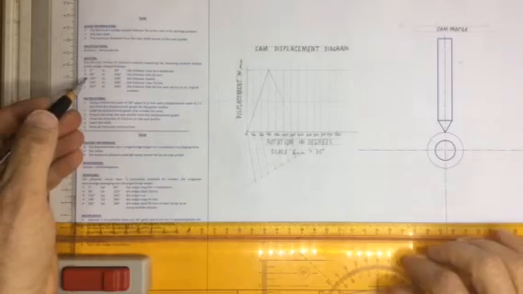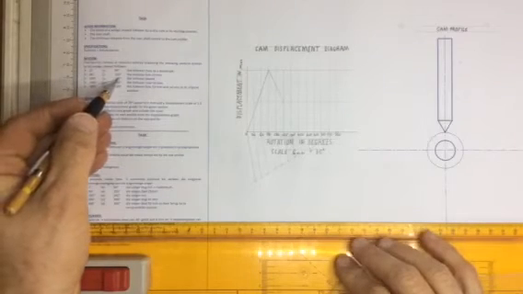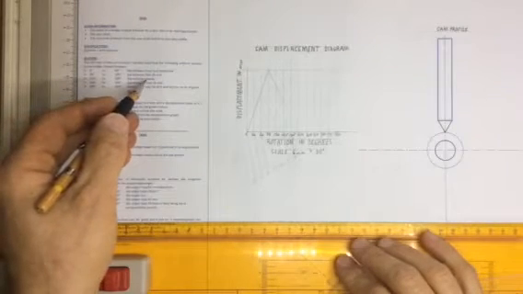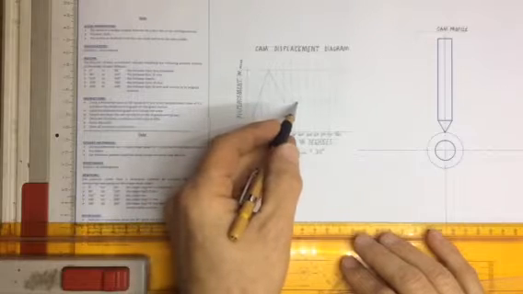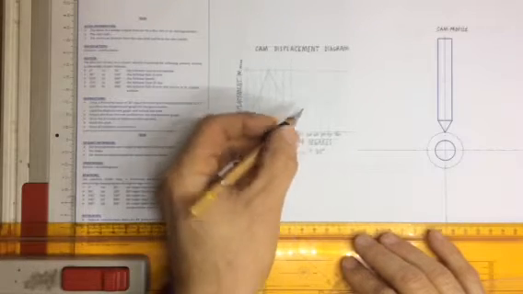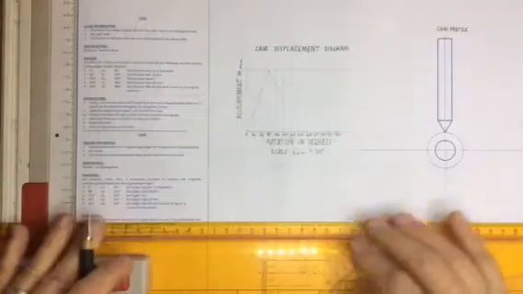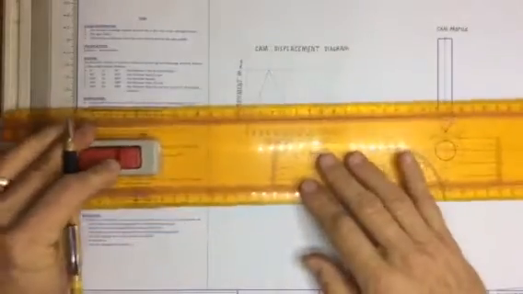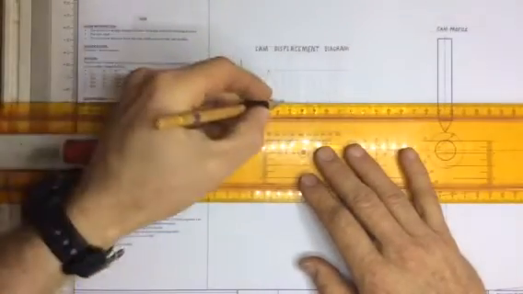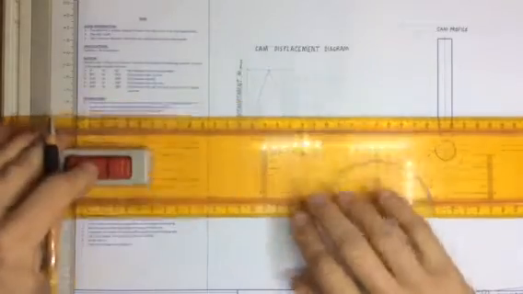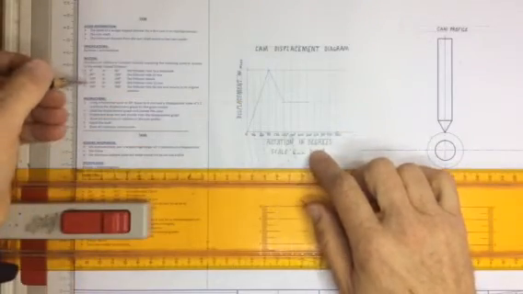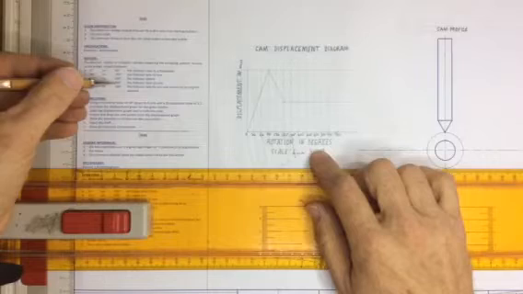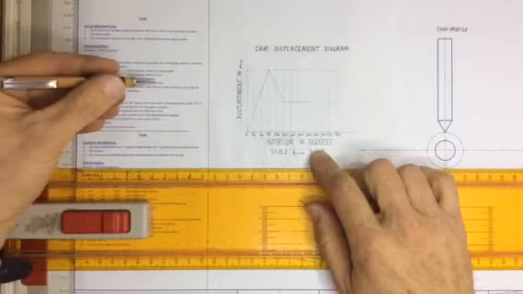It then says from 150 to 240, the follower will dwell. So it's going to stay in the same position until it reaches 240, which is at that point over there. So I can draw a line going across to there. It then says from 240 to 300, the follower rises to 25 millimeters.